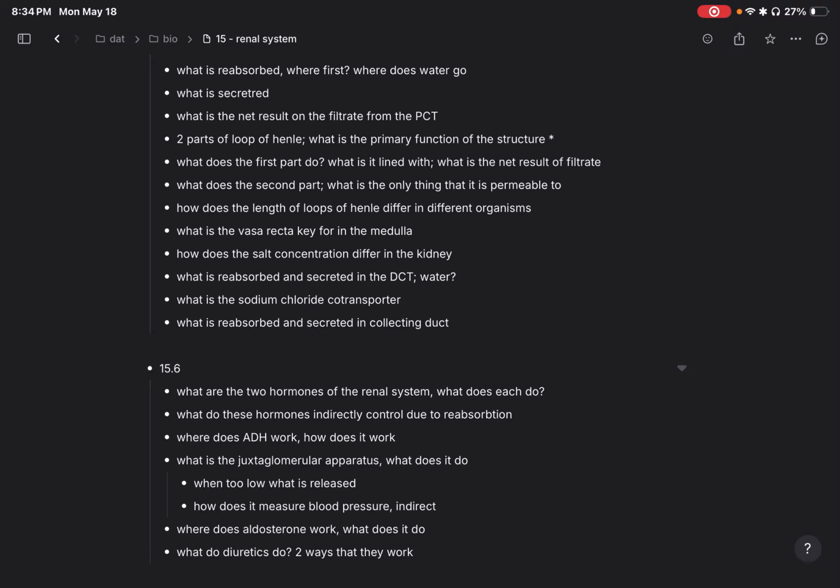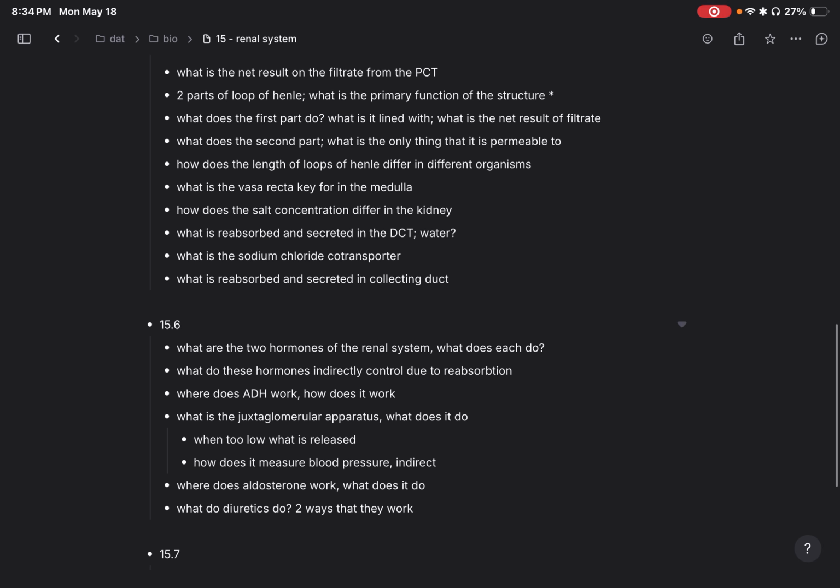So what is the net result? Actually, wait, it says here that salt is reabsorbed into the vasa recta, so maybe that's what happens. The salt concentration will decrease, so overall I feel like it'll be the same concentration as before going into the loop of Henle.